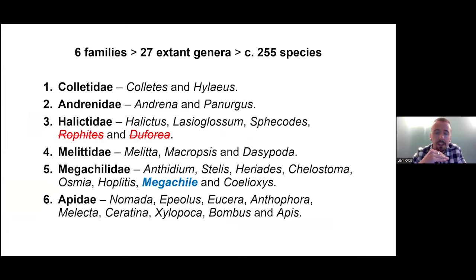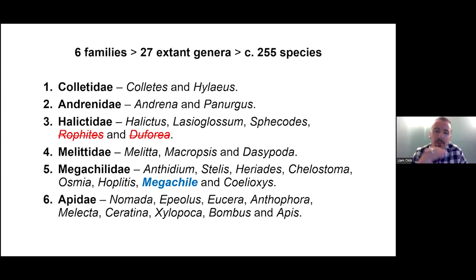And within the UK, we've got our 255 species. They fall within 27 different genera. These are different groups, you could say, of closely related species. They include things like the mining bees and the leafcutter bees and some of the furrow bees, blood bees, things like that. And then those 27 different groups fall within 6 families.